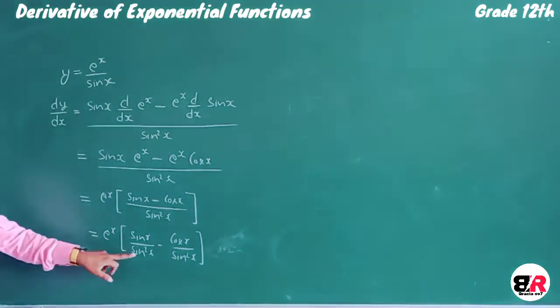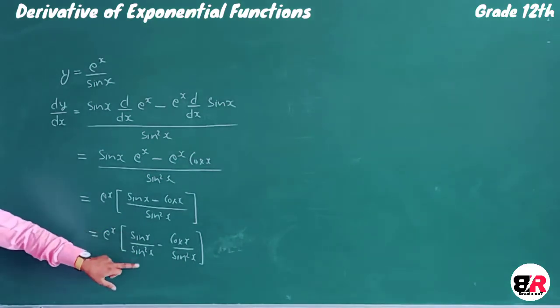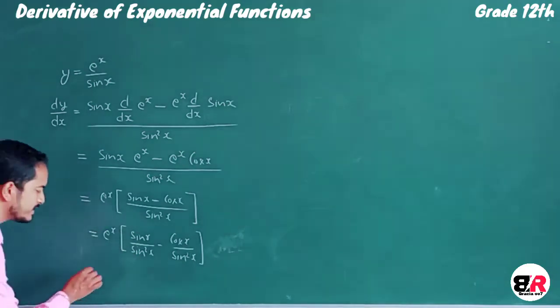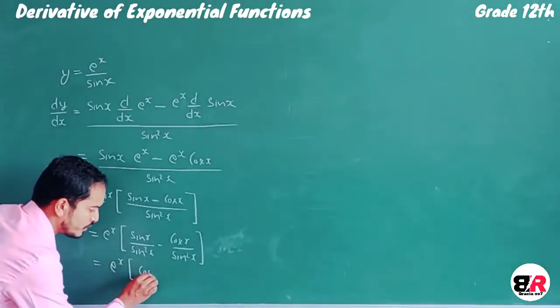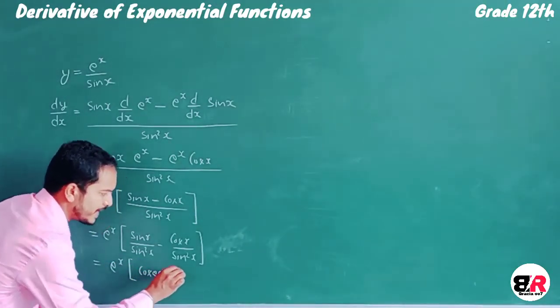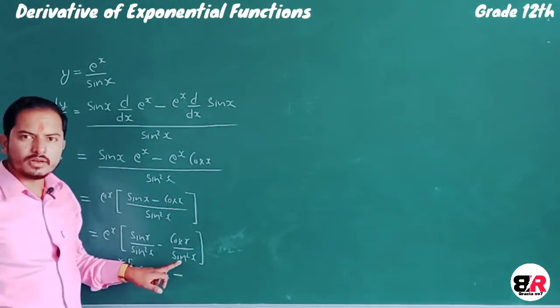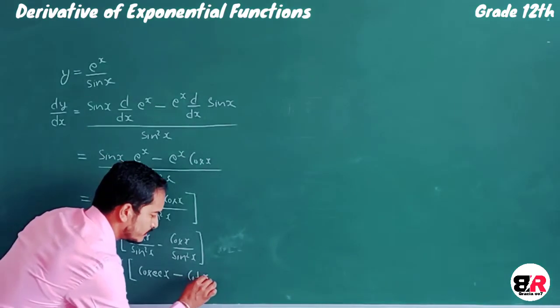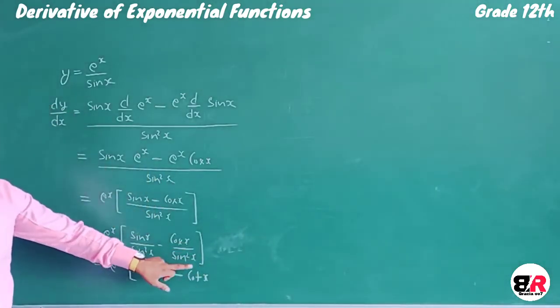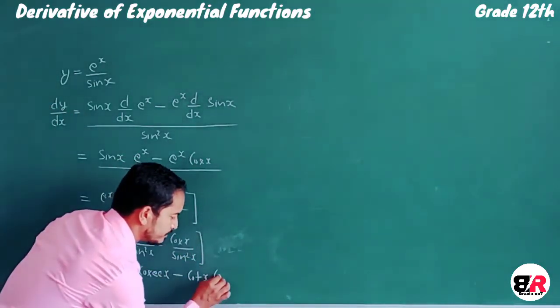Now sin x cancels out, then 1 upon sin x. 1 upon sin x is clearly cosec x. Then the final answer is e to the power x into cosec x minus cos x upon sin x, which is cot x, into 1 upon sin x, that is cosec x.